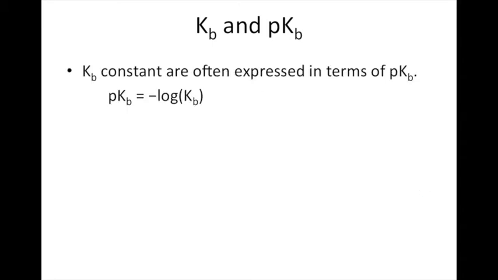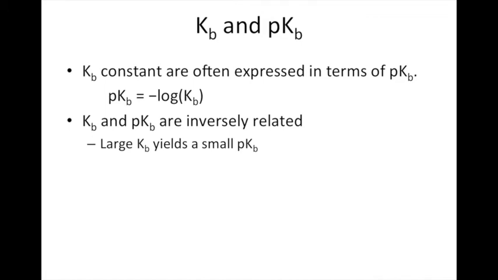Kb constants can also be expressed in terms of pKb, where pKb is simply the negative log of Kb. Kb and pKb are inversely related. What we mean is that if the base has a large Kb, the pKb would be relatively small. And if a given base had a small Kb value, then that same base would have a relatively large pKb. Be sure you convince yourself of that.